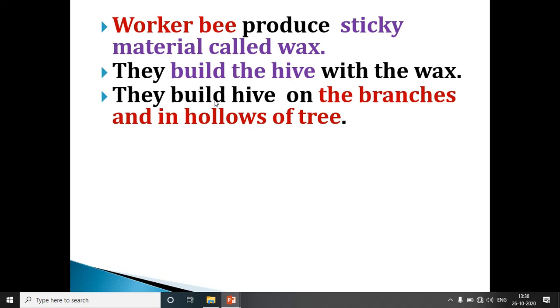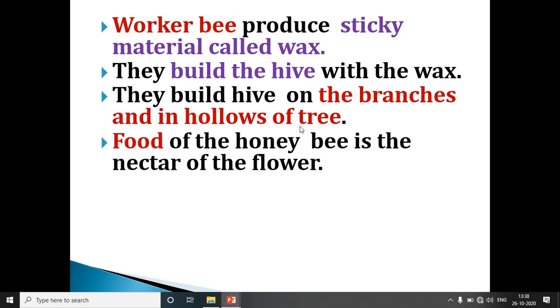Now, where do they build the beehive? They build the hive on the branches and in hollows of trees. So where will the honeybee build the hives? They will build the beehive on the branches and in hollows of trees.